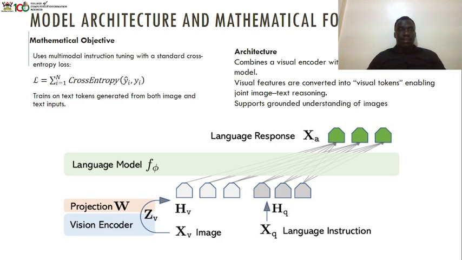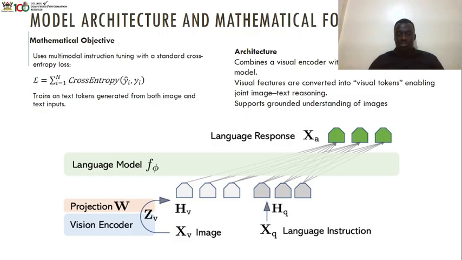And these are mathematical objectives, which use the multimodal instruction tuning with a standard cross entropy loss. And then we can see here that this one possesses what we call a visual encoder and projection plus a language model, which takes the language instructions and the response will be in text language form.